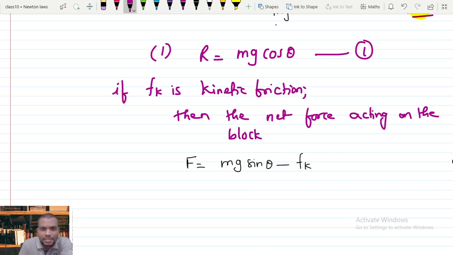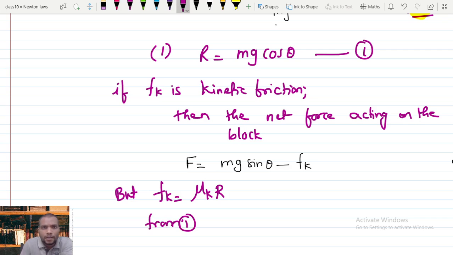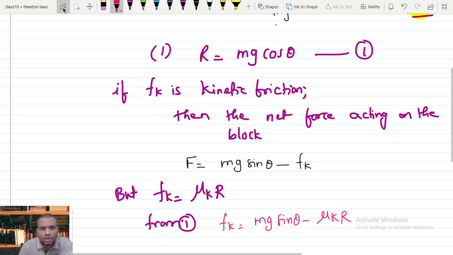Here f of k is kinetic friction, and we know the kinetic friction formula: f of k equals mu of k times R, the normal reaction. Substitute equation 1 here. From 1, f of k equals mu of k times R. So substitute the R value here.